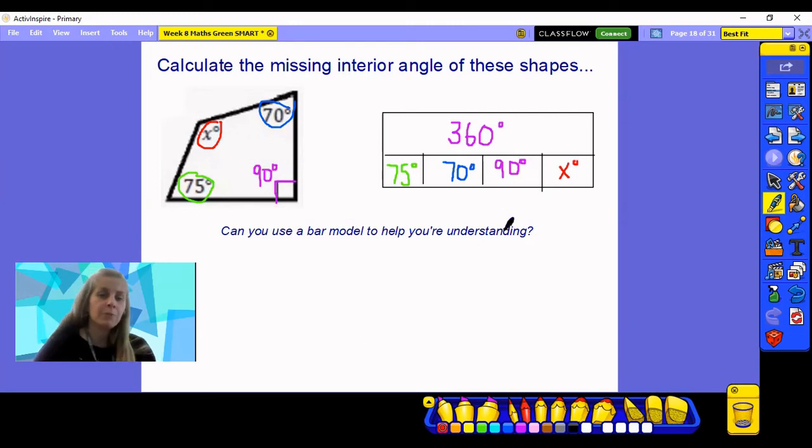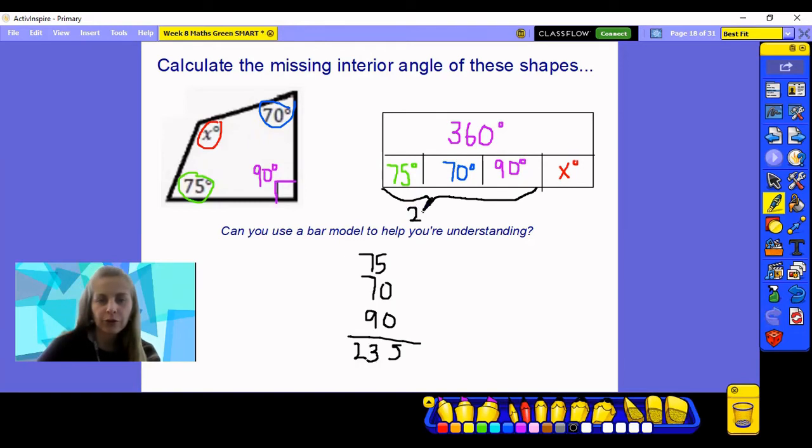Similar to before, we're going to be finding out firstly what we know, and then what we are left with, which will be our missing angle, because we already know that all the interior angles of a quadrilateral will always add up to 360, and we had a go at proving that a little bit earlier on. 235 degrees are known to us, and therefore we can then work out the missing angle.